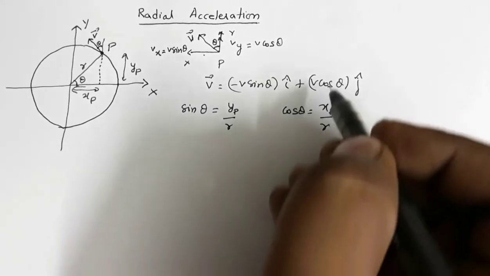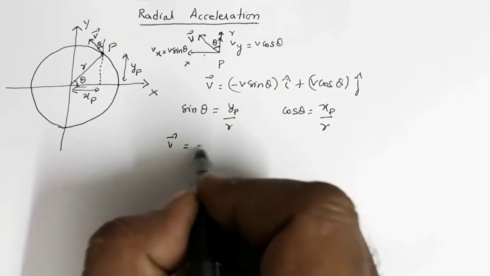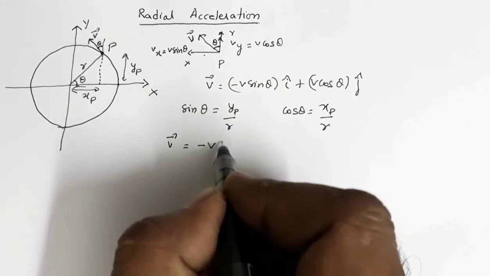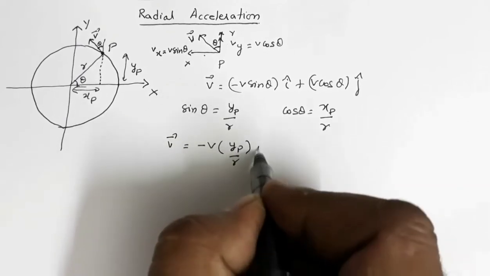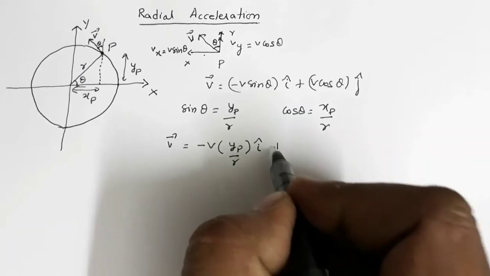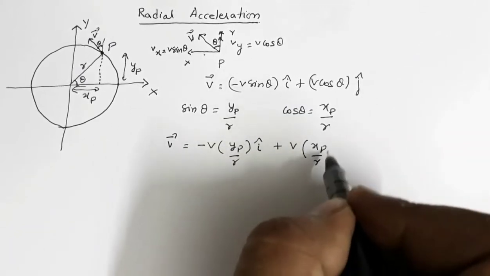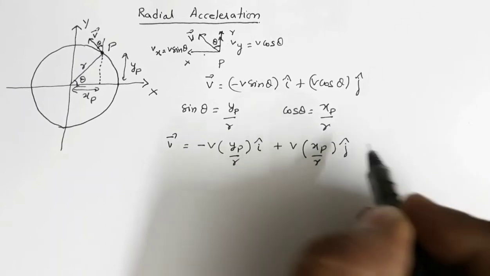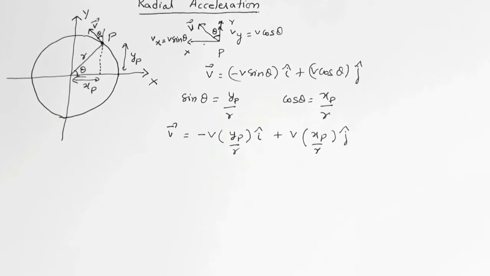If we substitute these values, we get velocity v as minus v into yp by r i cap plus v into xp by r into j cap. Now this is the expression for velocity.